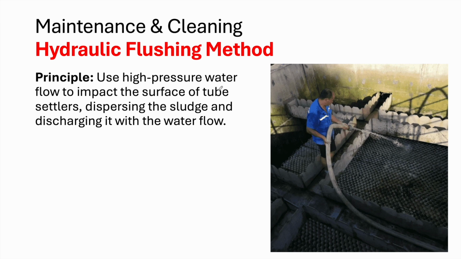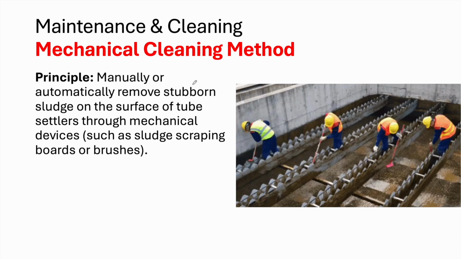An easy way to clean the tube settler is the hydraulic flushing method. In other words, we use a high pressure water flow to scrub and remove the sludge layer. This is mainly used if I have normal turbidity and normal sludge deposit. If I have lots of mud, as you can see in the picture, high pressure water might not be that efficient.